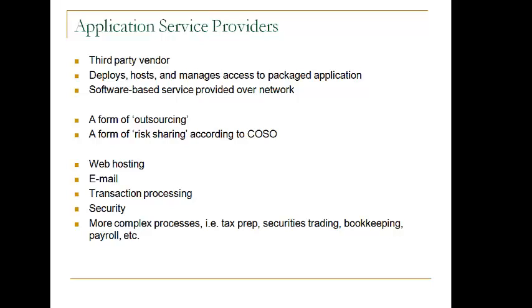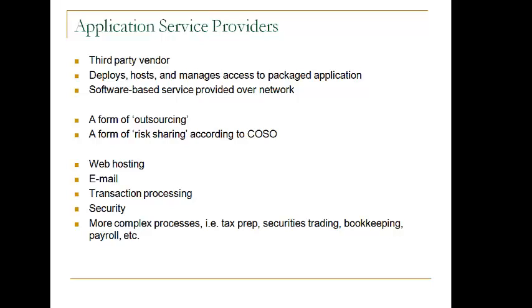Your textbook had a brief section on application service providers, ASP for short. So ASPs are third-party vendors that host some kind of packaged application. So we're really talking about providing software in a distributed environment as a service. So the use of an ASP is really a form of outsourcing.